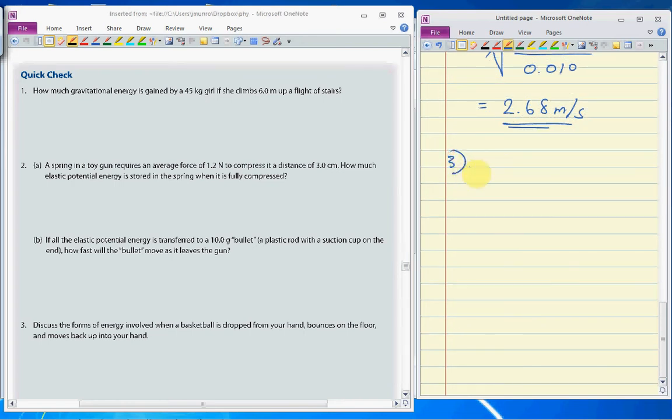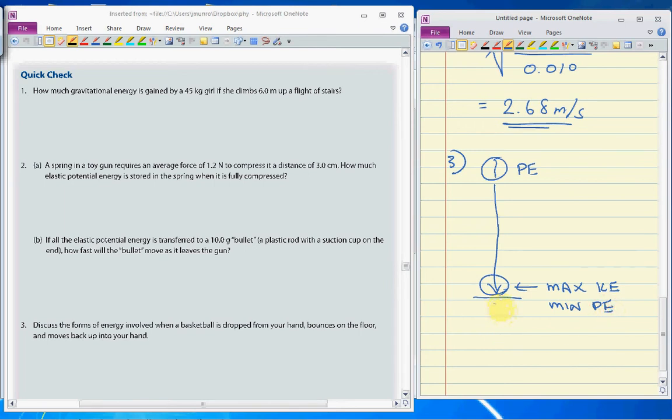And for question 3, you're supposed to know about the forms of energy. Well, if you have the basketball, it has potential energy at the top. As it falls, potential energy is transferred into kinetic energy. Just before it hits the ground, it has maximum kinetic energy and a minimum potential energy.